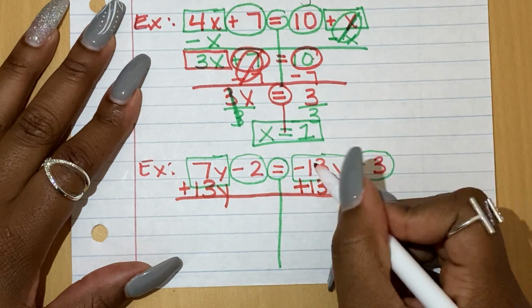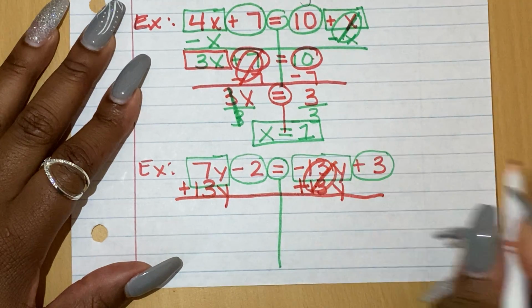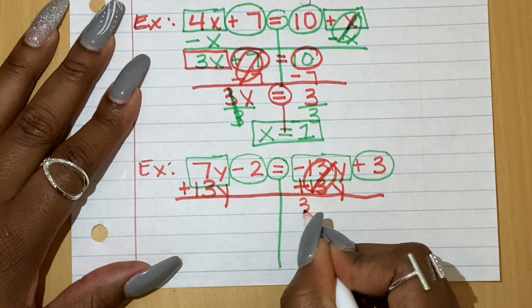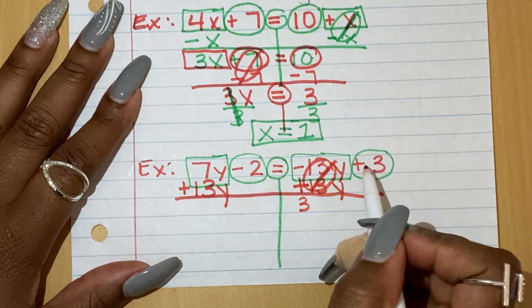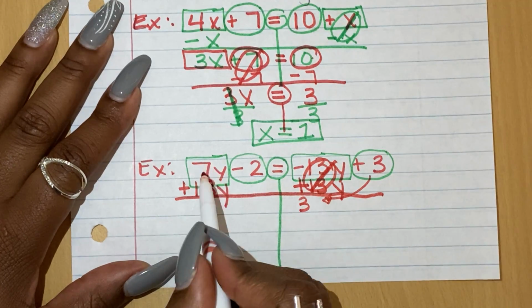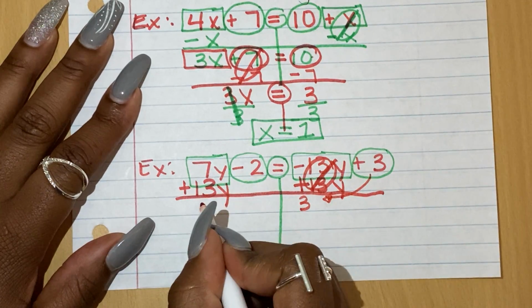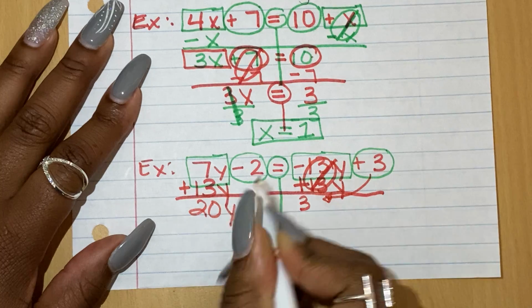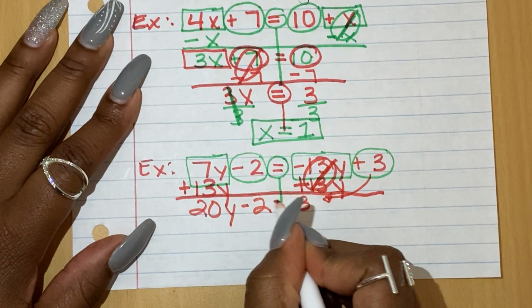Negative 13y plus 13y is 0. I'm left with 3 on that side of the equal sign. There it is. That 3 is what's left. 7y plus 13y is 20y. That minus 2 didn't go anywhere.